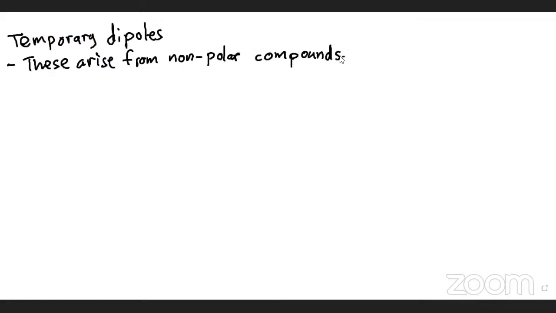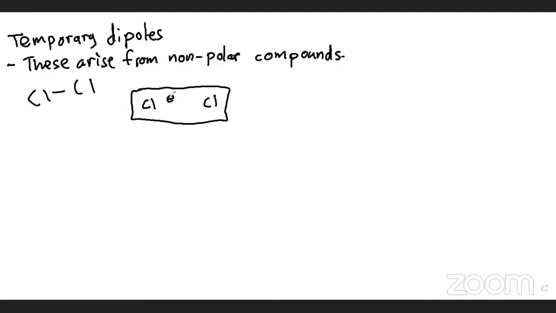All right, so for this one, this is how we explain it, right? So let's say you have chlorine, Cl2, all right? And I'm going to use a diagram to explain this. So in a molecule, the electrons are constantly in motion, all right?